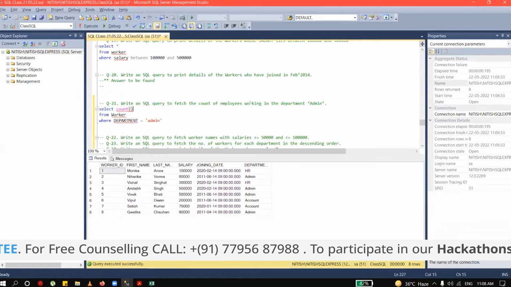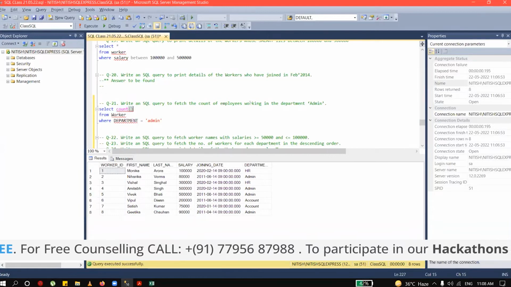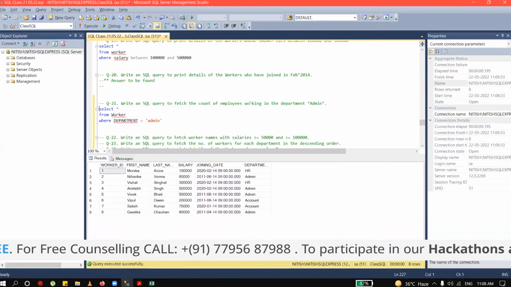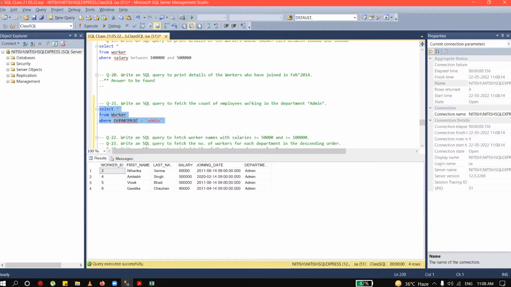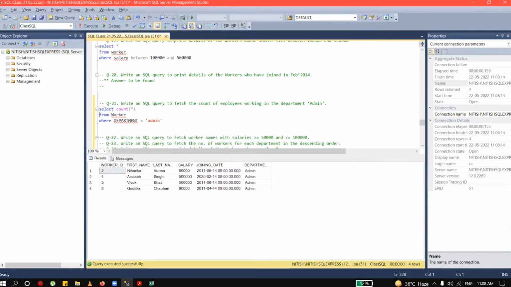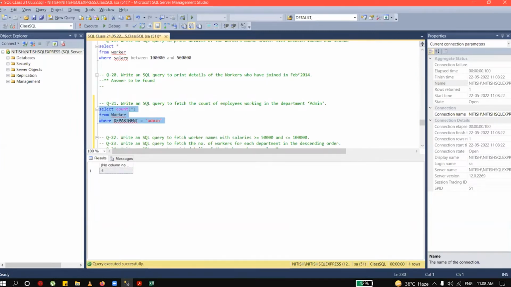Now, if I just run this and put a star over there, I'll get the 4 records. I want to count these records, so I will make use of the count function and put the star inside it. Here is the answer, 4. And you can write here as admin count. Admin count will be the column name and the value will be a row.